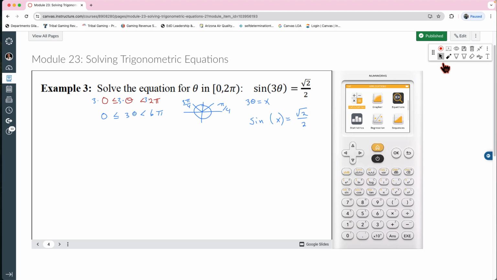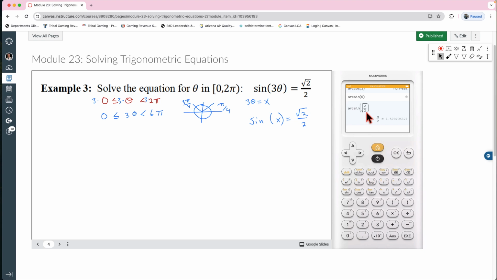Verifying this, we also get used to coming here, and we can do our arc sine of the square root of 2 divided by 2. Oops, I was going, wait, that's not right.